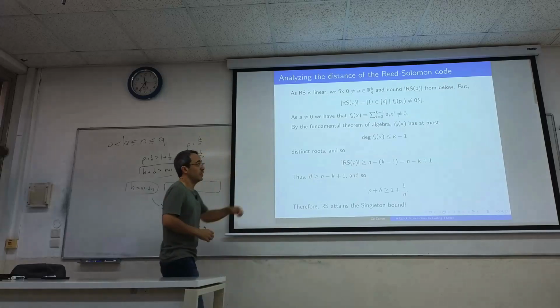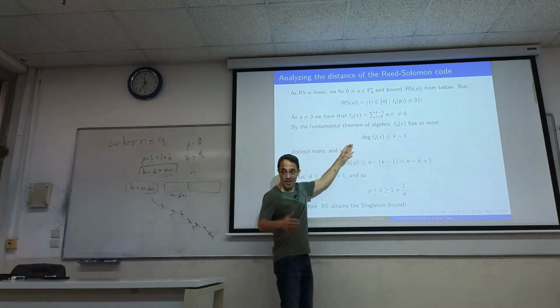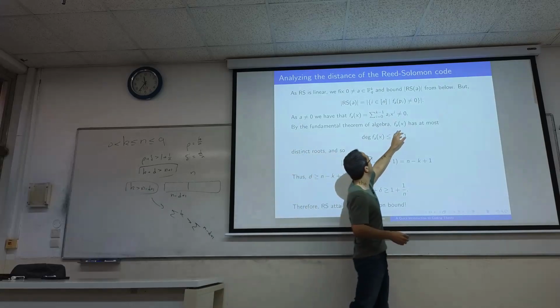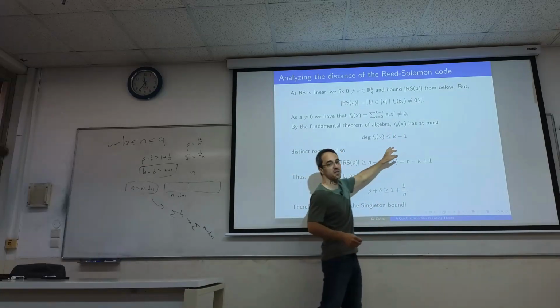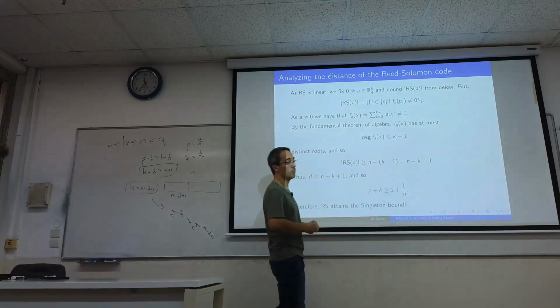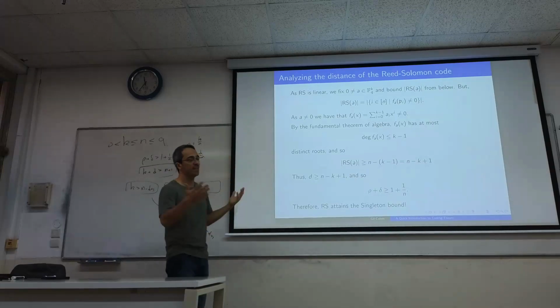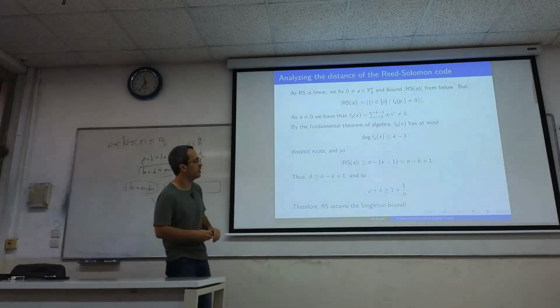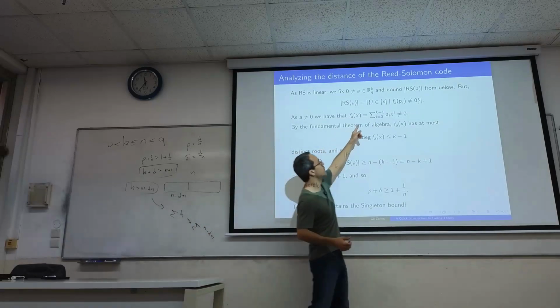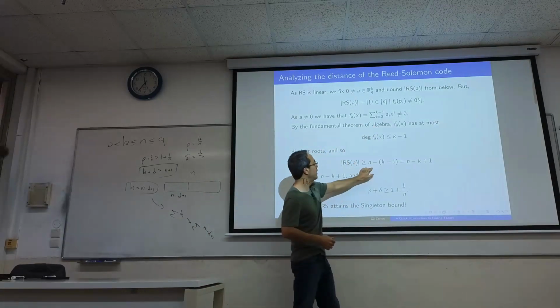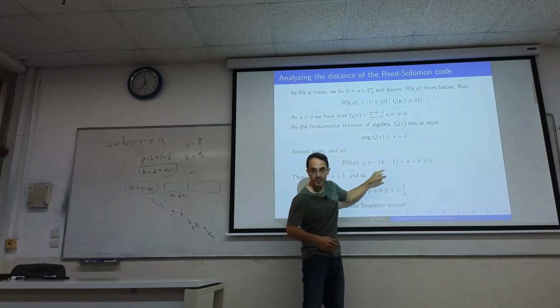And the fundamental theorem of algebra, that's the tool that we're using, tells us that a polynomial of degree at most k minus 1 has at most k minus 1 zeros, and f_A is indeed a polynomial of degree at most k minus 1 by construction, which immediately gives a lower bound on the number of non-zeros of the code word, just complementing that to n.